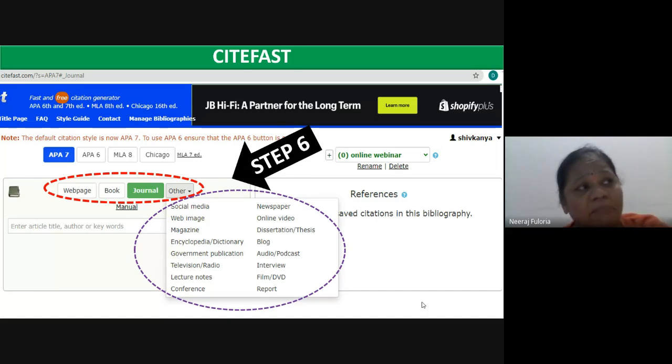Sometimes you have to search the government website and give the citation from the government site. You can also use lecture notes, or online theses that are available. You can create the references using this tool.